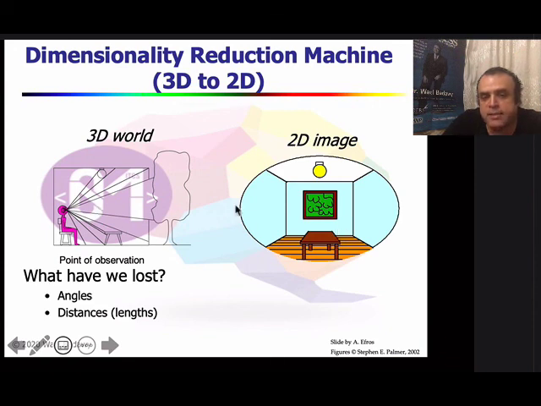You will not see the distance. You will also lose the angles. So for example, you can see it's like a prism of the wall to the back wall, but however the corners are basically 90-degree angles in the actual 3D world, because the ceiling is 90 degrees to the wall. However, in the 2D image it is not 90 degrees.